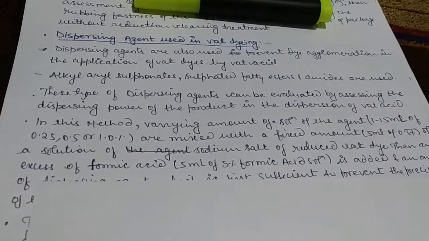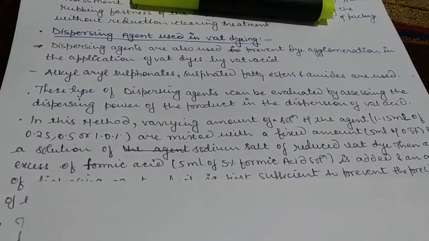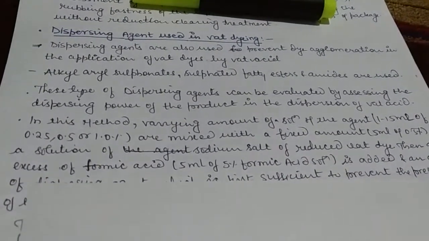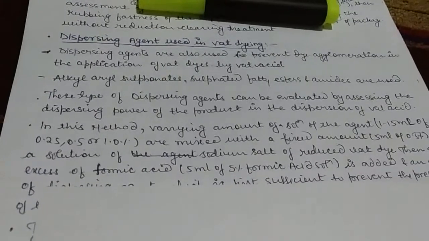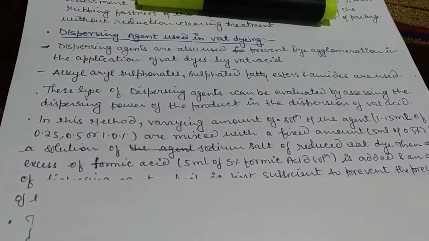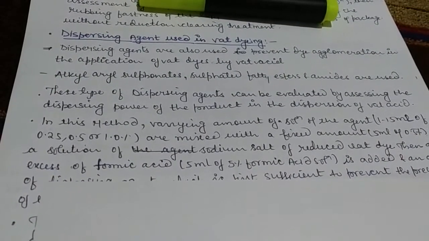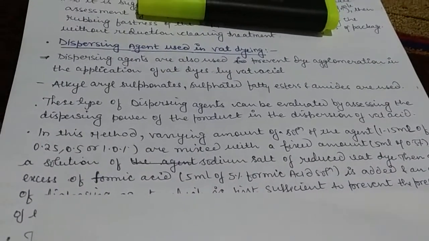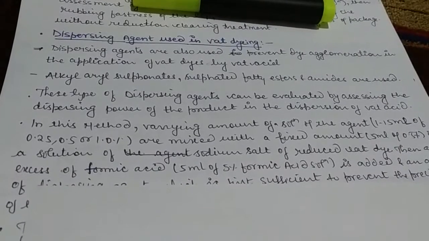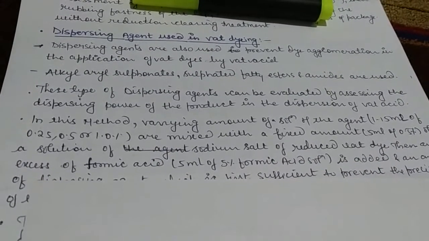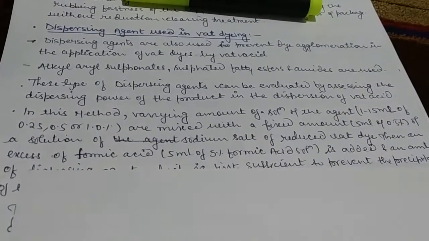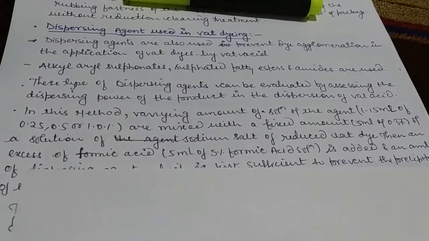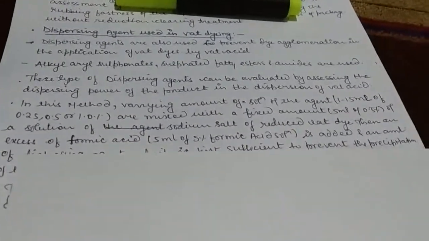We will just repeat the thing. In this method, different concentrations of dispersing agent, that is 0.25%, 0.5% and 1%, are mixed with a fixed amount, that is 5 ml of 0.5% solution of sodium salt of reduced vat dye.